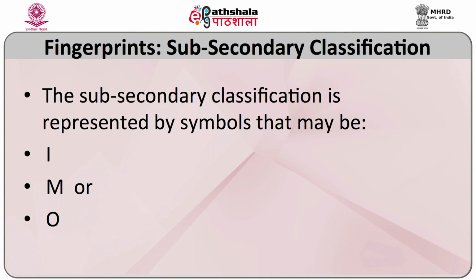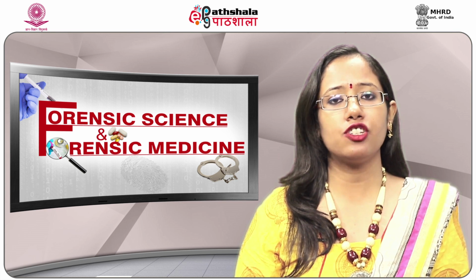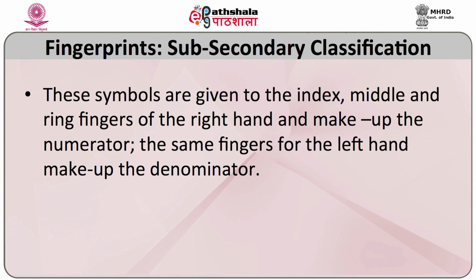The third classification system in Henry's system of classification is the sub-secondary classification. It is basically represented by the symbols I, M or O. These symbols are the representatives of ridge tracing, and they are given to the index, middle and ring finger of both left and right hand respectively.